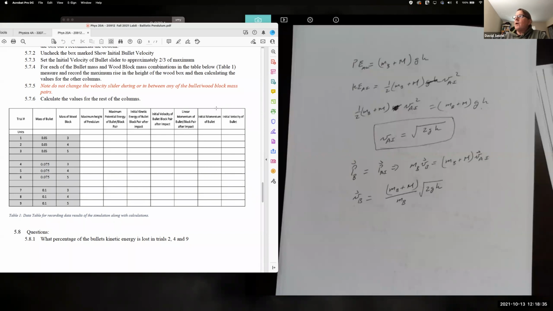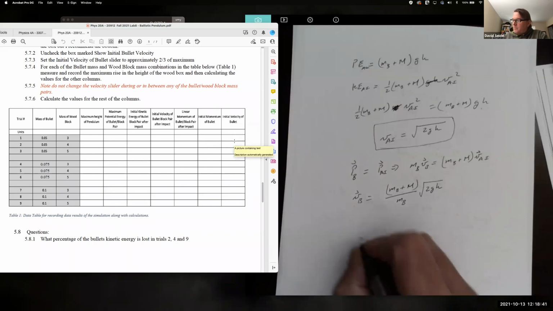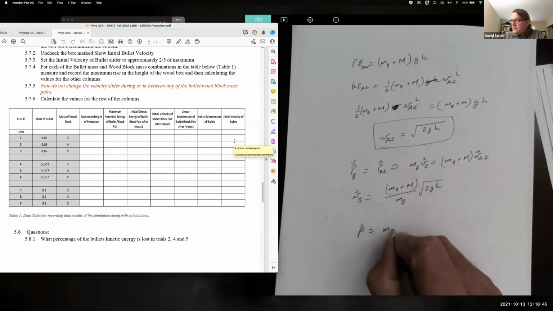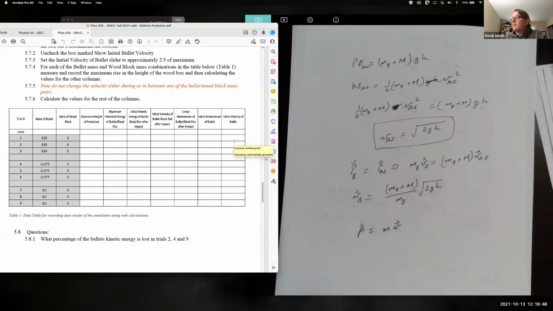And if you know the momentum of the bullet and you know the mass of the bullet, you can get the velocity of the bullet because momentum is equal to mass times velocity. So the height of the pendulum gives you the potential energy of the pendulum. The potential energy of the pendulum gives you the initial kinetic energy of the bullet block pair.